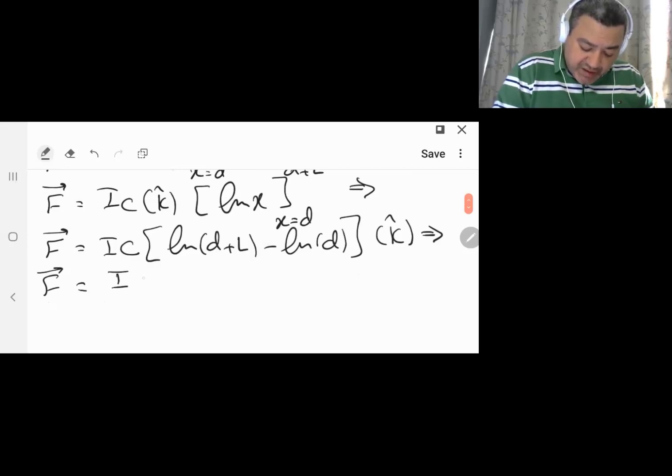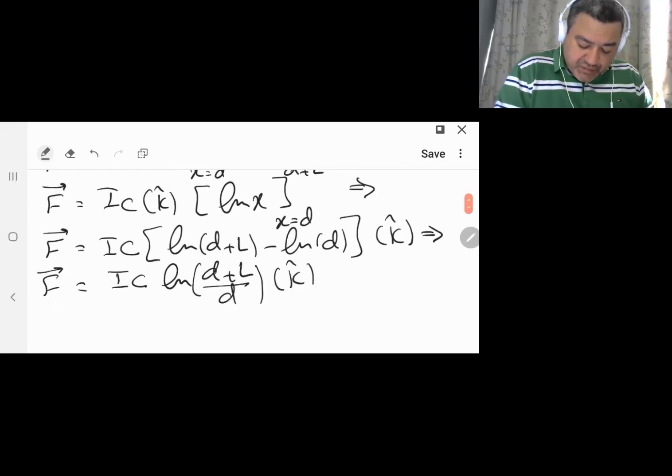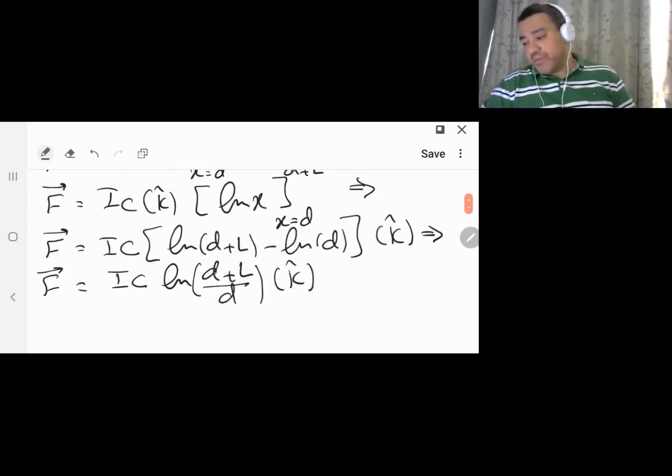So I have I C logarithm of (D plus L) over D in the direction of positive K.